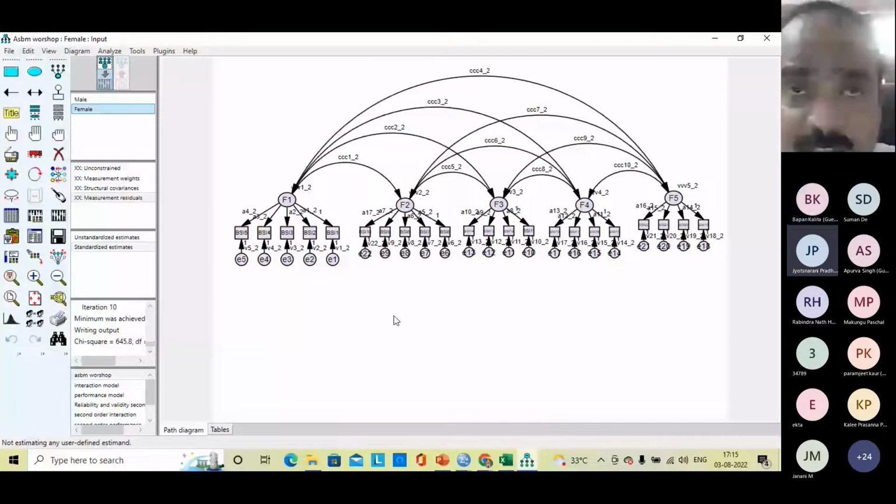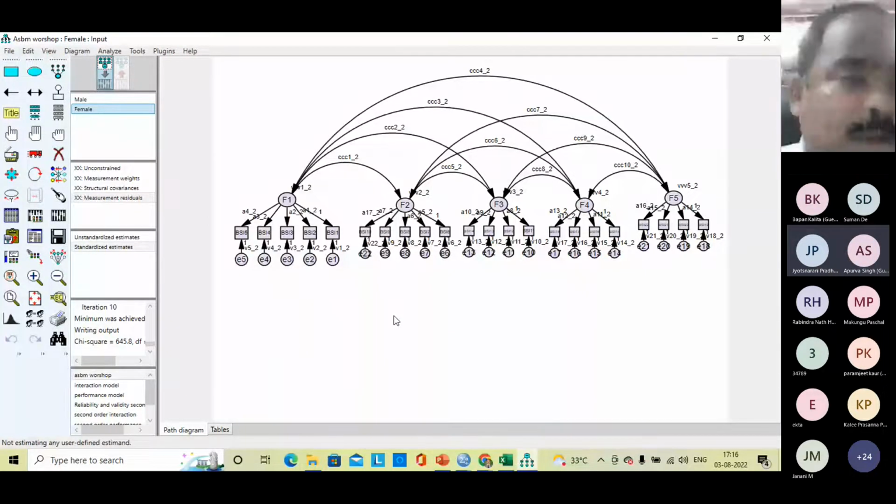If the constraint values are significantly different from the unconstrained value, then we will say that male is significantly different from female, so far as measurement is concerned, so far as path is concerned, whatever you are testing based upon your objective. If you are testing only the measurement, then measurement. If you are going for structural equation modeling, then it is path. Or in the full structural model, both the measurement and path. So what we need to test, I'm repeating again, we will compare the constraint values with the unconstrained values.